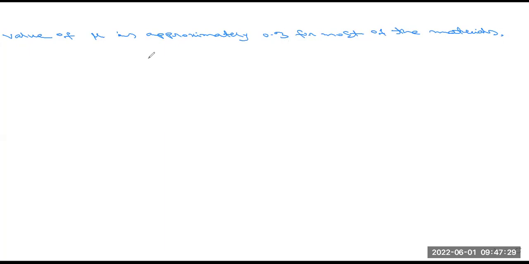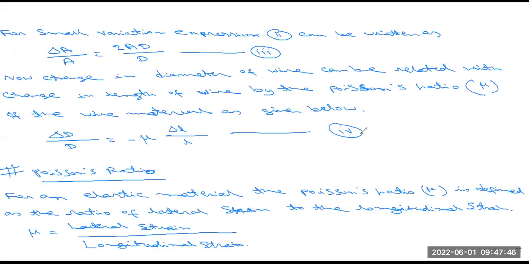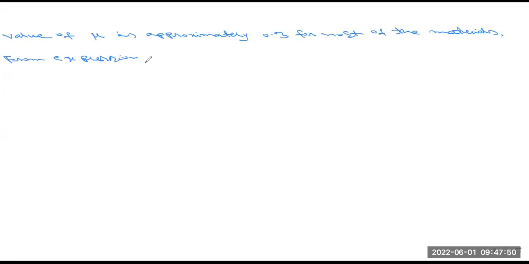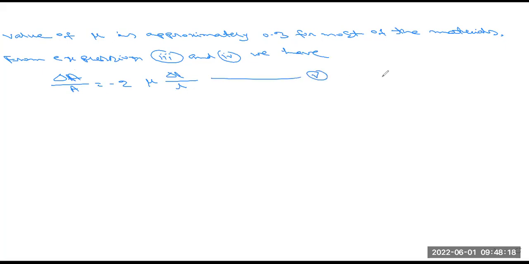Now from the previous expressions, equation number 3 and 4, please remember 3 and 4, we have delta A by A equal to 2 mu delta L by L. So this is another equation, equation number 5.